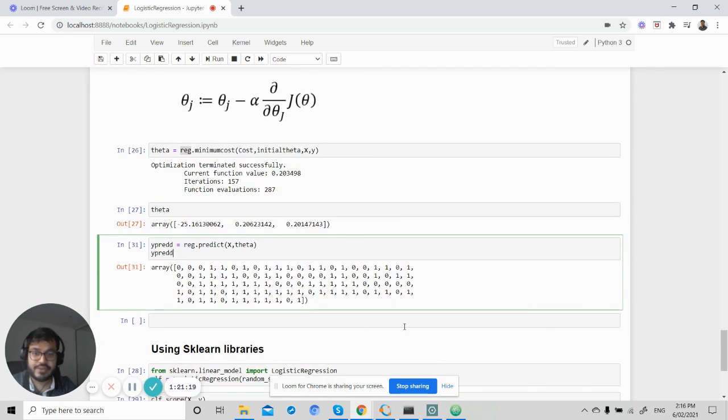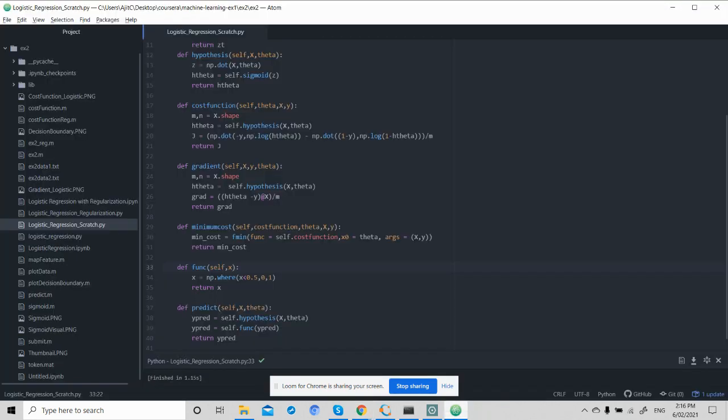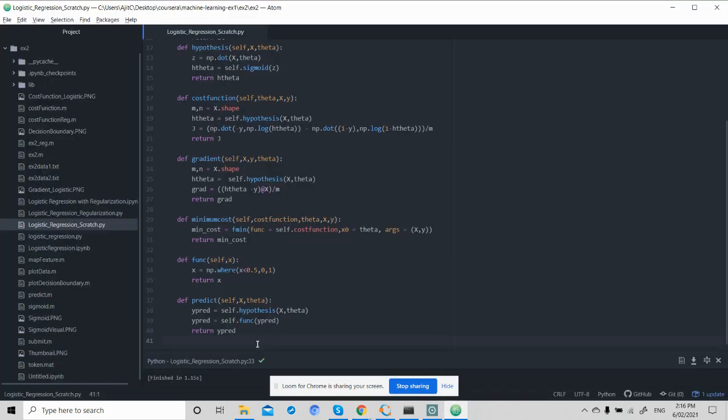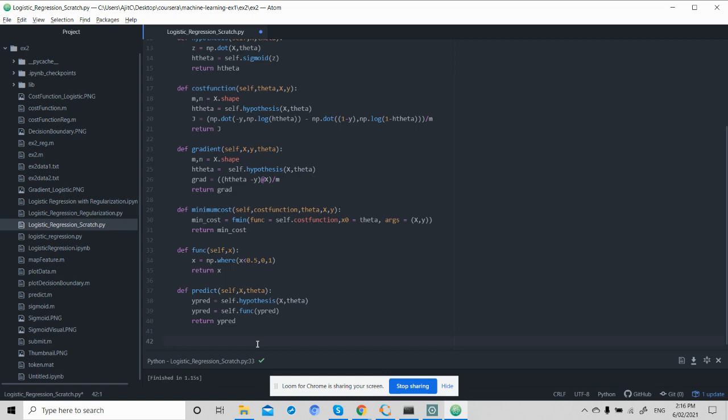Now let's calculate accuracy. Accuracy is simply taking the mean of my output and predicted output. So my accuracy will be, let's say score, self dot y comma self dot x comma y predicted.